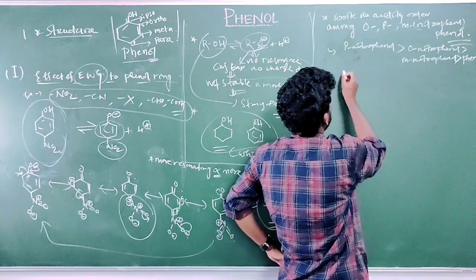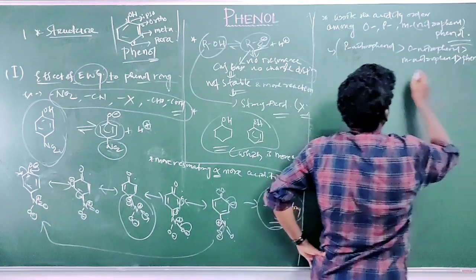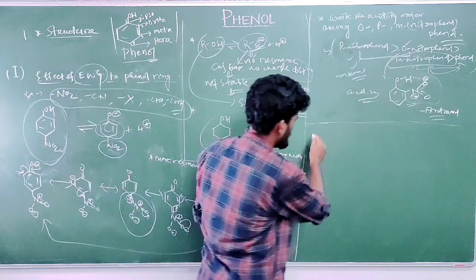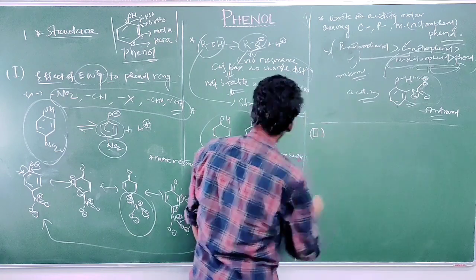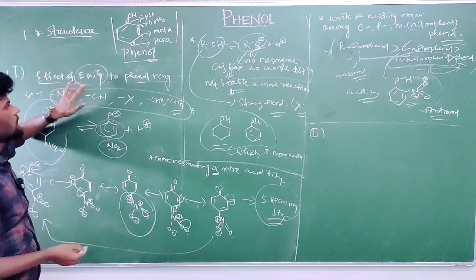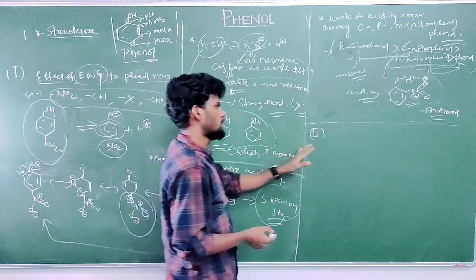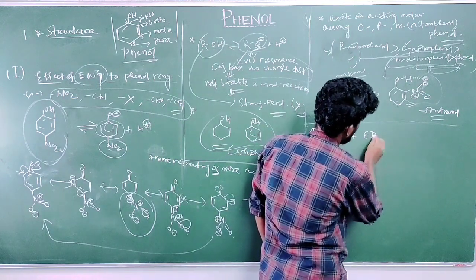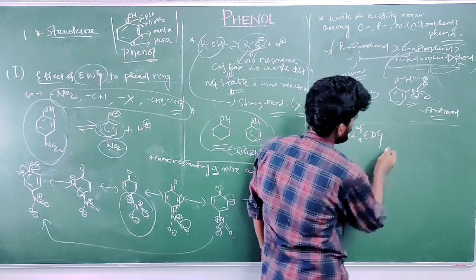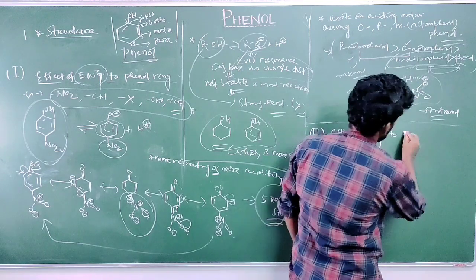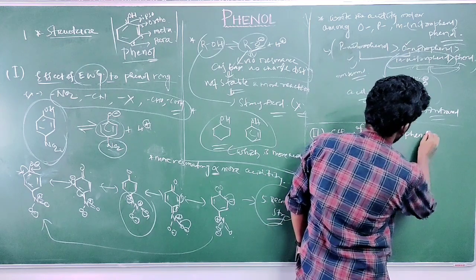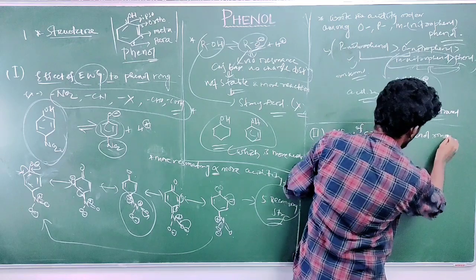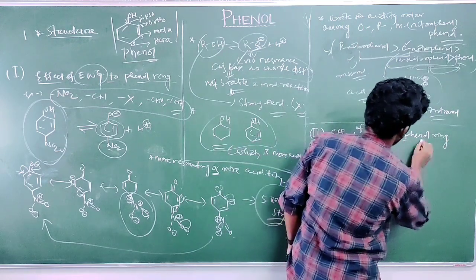Anyone guess how this trend comes? Now write point number 2. In point 1 we studied the effect of electron withdrawing groups on the phenol ring, and in point 2 write the effect of electron donating groups (EDG), or electron releasing groups, on the phenol ring, meaning how electron donating substituents attached to the phenol ring affect the acidity of phenol.